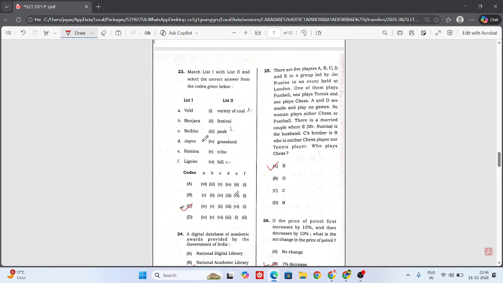Match again list 1 and 2. Which is related to which festival? The correct answer is C. So the Veld is related to grassland, and the Banjara is related to tribe.